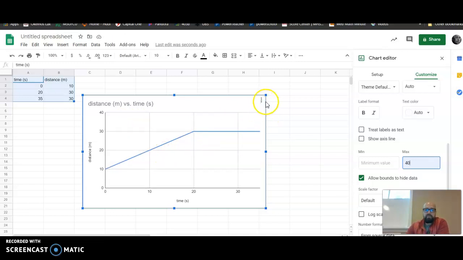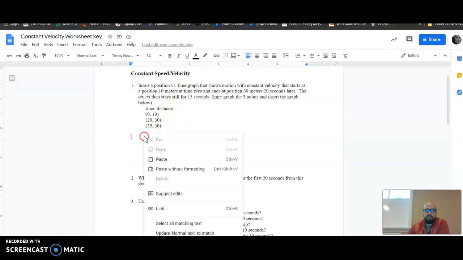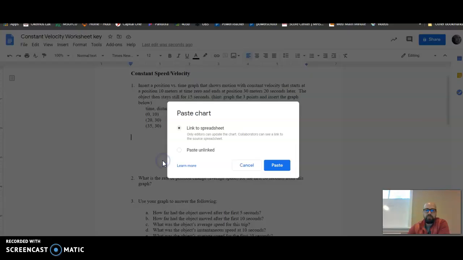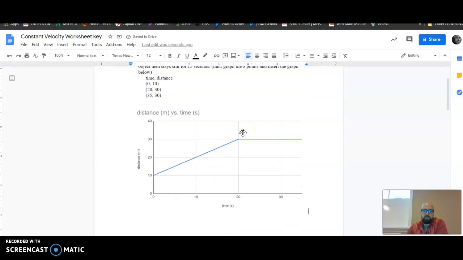So I've got my graph made there. Click those 3 dots, copy the chart, go back to my worksheet, right click and paste. I want to link it to the spreadsheet, and that puts my graph in there.